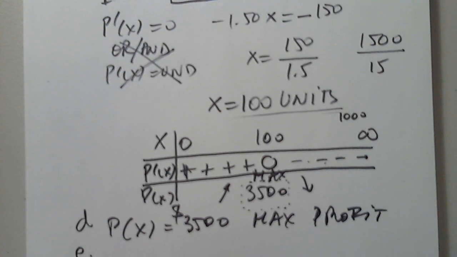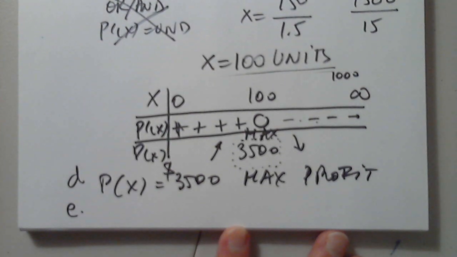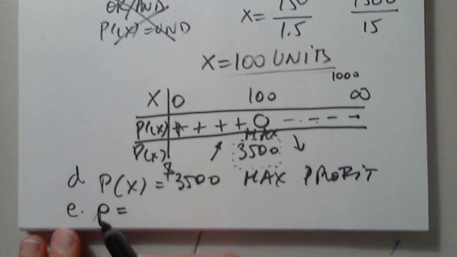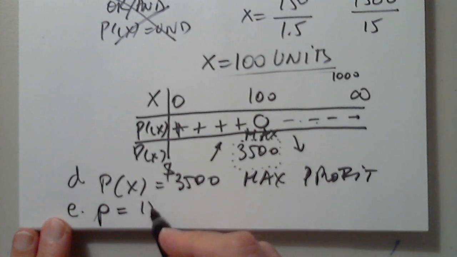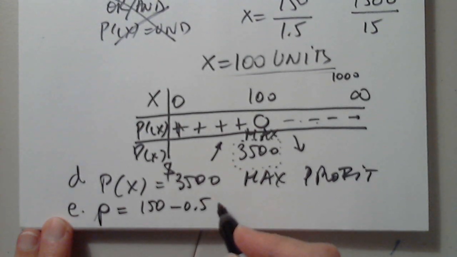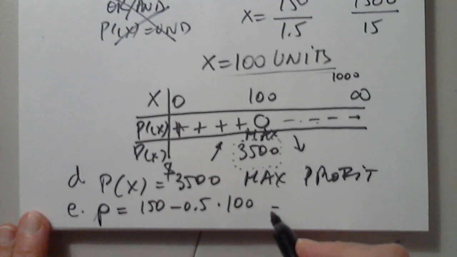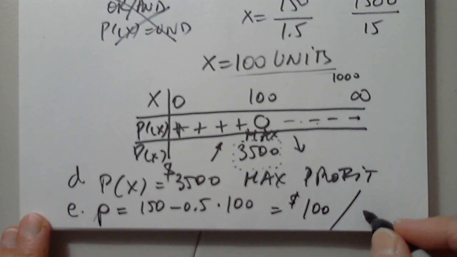How much was x? 100. Exactly. So little p, I don't like PP, but remember this is the little p. It was 150 minus 0.5 times 100. So 0.5 times 100 will be 50. 150 minus 50 is $100 per unit.